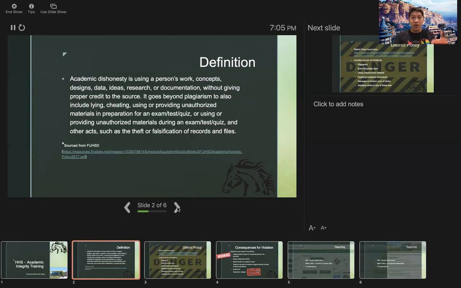So I'm going to go through, hopefully, all of the ones that are in the definition from our district policy, and also others that we have encountered. But again, this is just a sample of it. It is not limited to these, as academic integrity is a whole breadth of it.